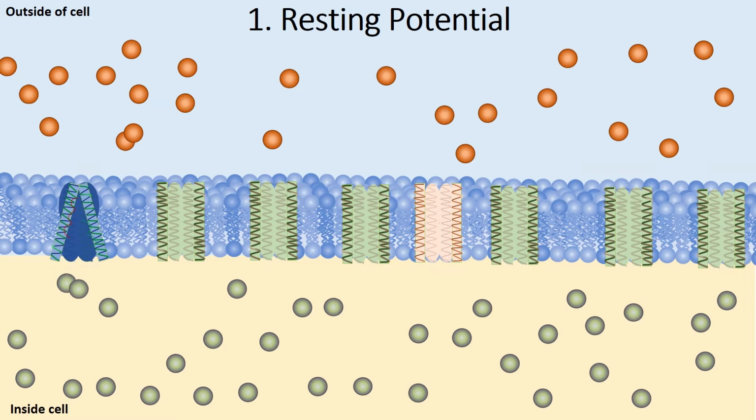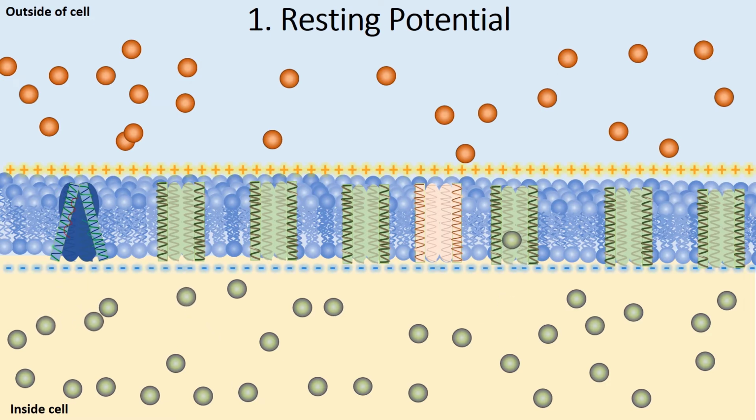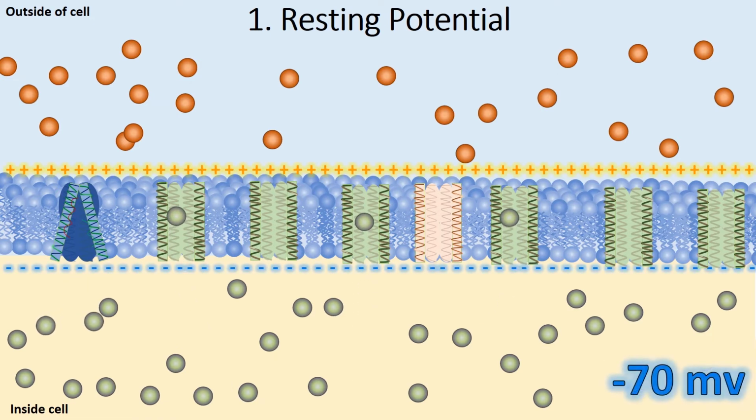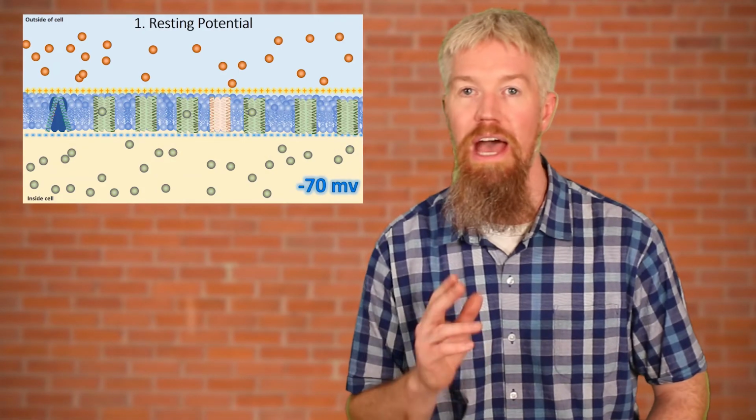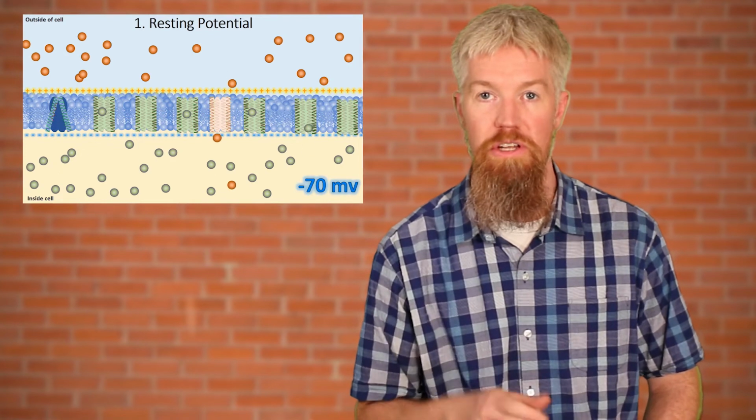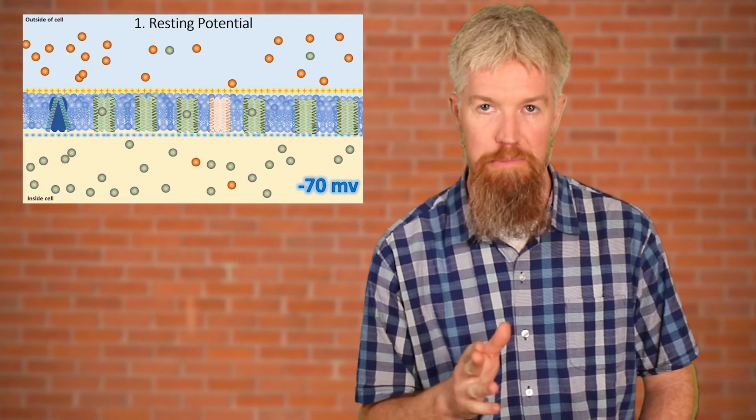Potassium leak channels are allowing potassium out of the cell. This gets us to something close to that Nernst equation value of -90. However, you have those sodium leak channels allowing sodium ions back across the membrane, which cancels out some of that charge. As a result, we have a membrane potential of about -70 at resting potential.